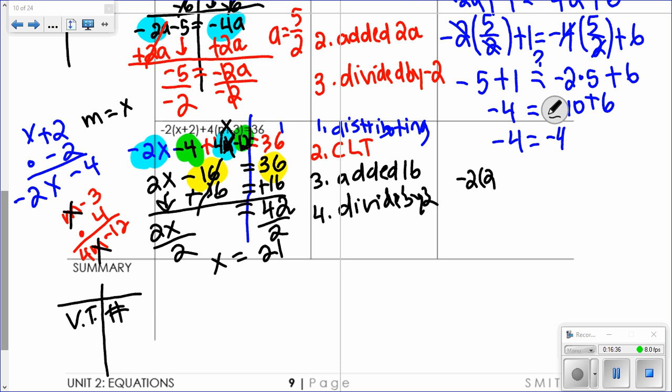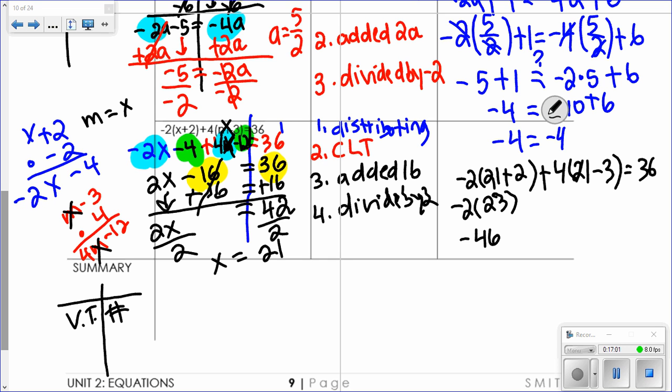Negative 2 times 21 plus 2 plus 4 times 21 minus 3 equals 36. Well, negative 2 times 23, I combine it, equals negative 46, plus 4 times 21 minus 3, 21 minus 3 is 18. Okay?